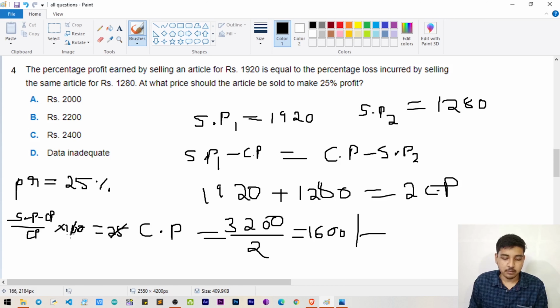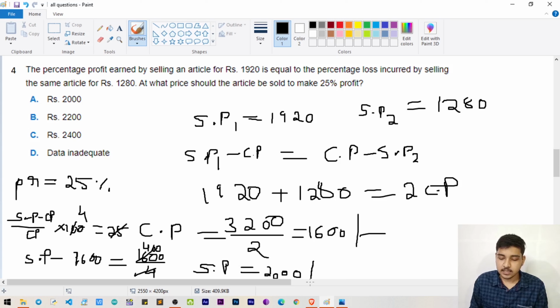So this 25 is 1 by 4, and we don't know SP. So SP minus 1600 is equal to 1600 by 4, which is 400, and the SP is 2000.